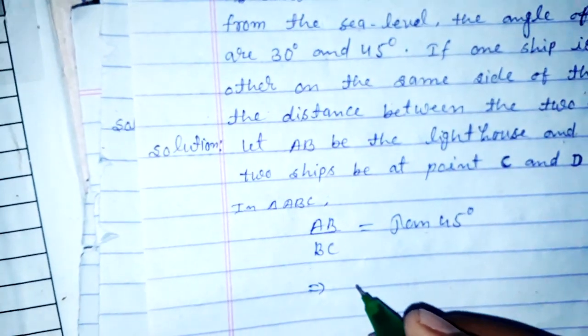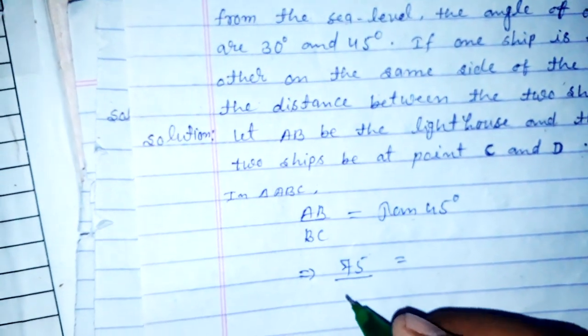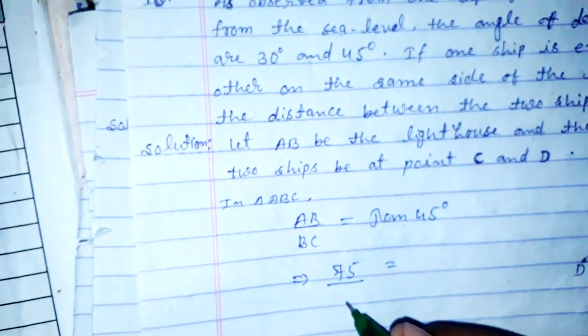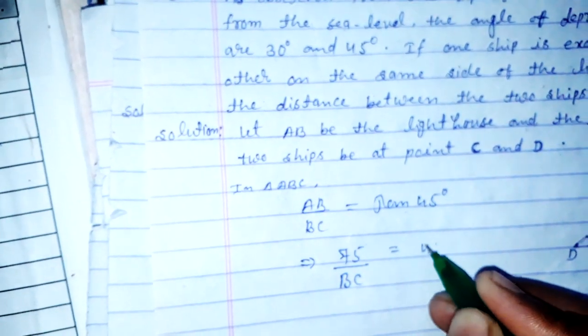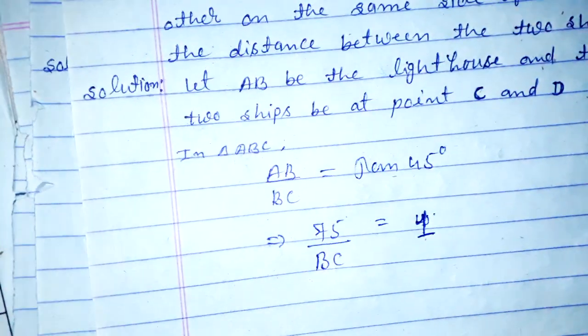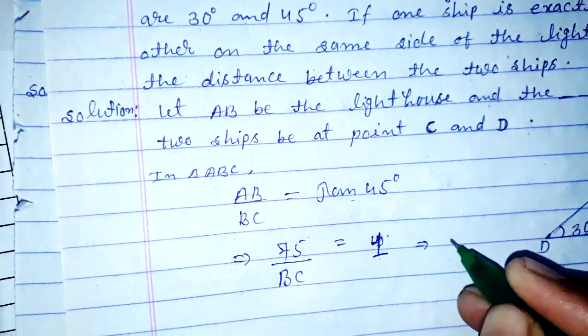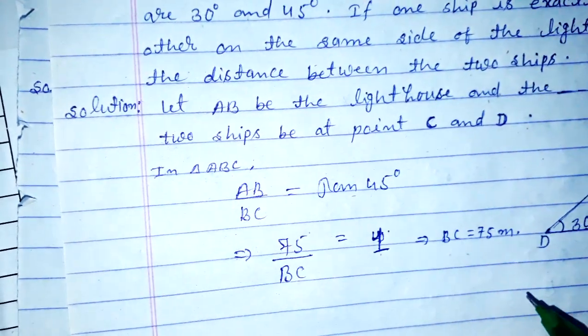What is AB? AB is 75 meter and BC, you have no value for BC, so BC is equal to, tan 45 is 1. So that implies that BC is equal to 75 meter.